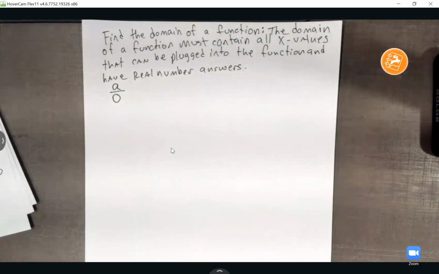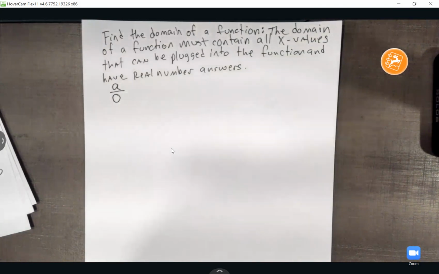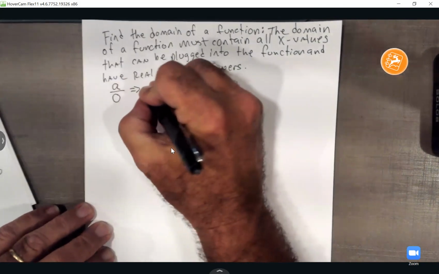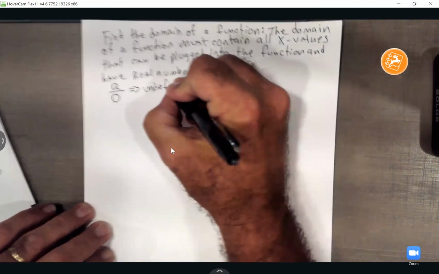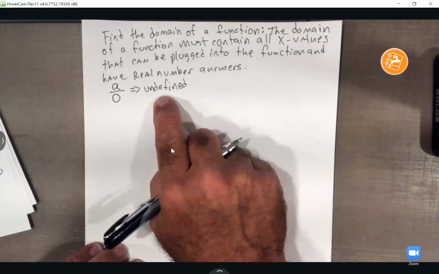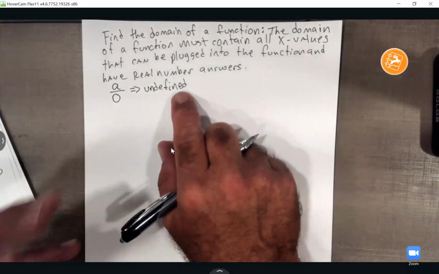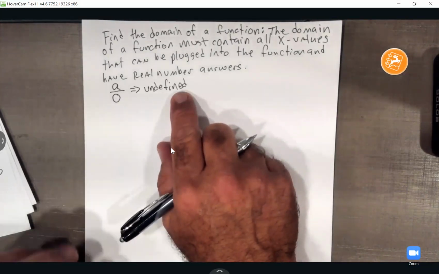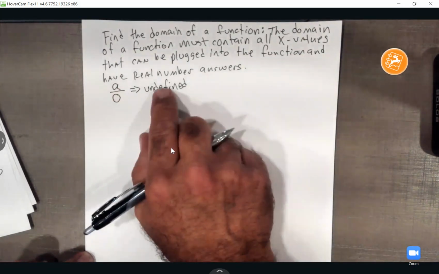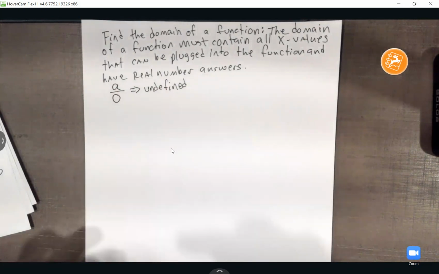Can A be any number and me divide by 0? No, still be undefined, right? So remember, anything divided by 0 is undefined. Which means that's the only thing that will not give me a real number answer because it's going to be undefined, okay? So my domain cannot include any x's that create this situation, okay?